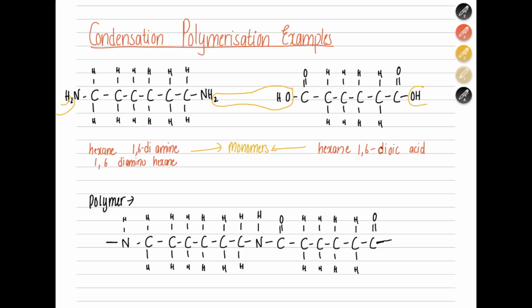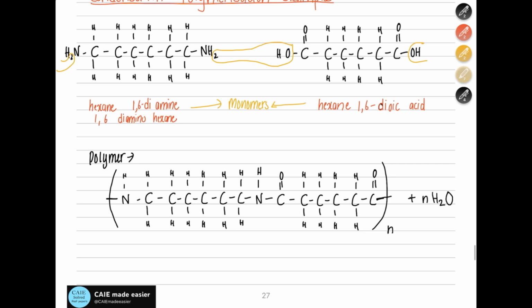We'll write n, because this continues over and over n times, plus we have n water molecules. So how do we name this polymer? The name of this polymer is Nylon 6,6.